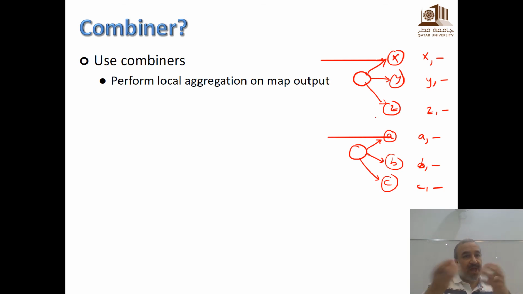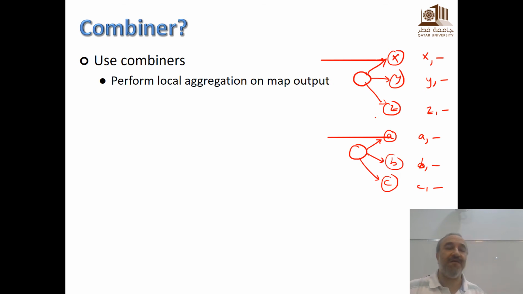Because neighbors of neighbors probably are common. So if in one mapper I process nodes that are neighbors, or that are related, or that are linked, then there is a higher chance for the combiners to do something useful. That's the key idea.